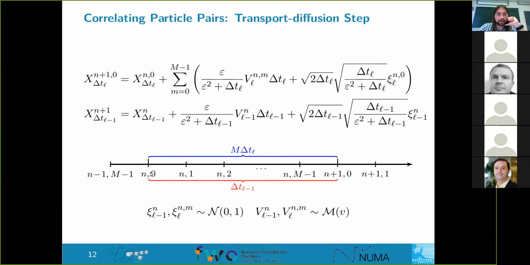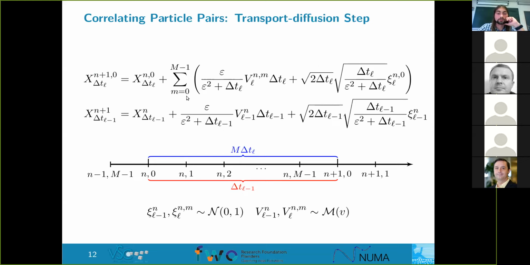This is going to span a given interval of time, delta t L minus 1, with a single coarse step. On the other hand, we have a fine process, which is spanning the same interval of time with M fine time steps delta t L. So basically delta t L minus 1 equals M times delta t L.